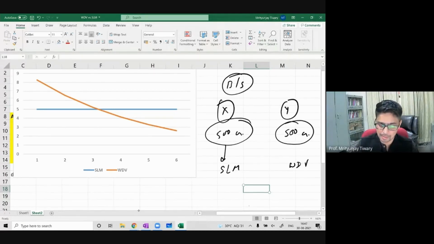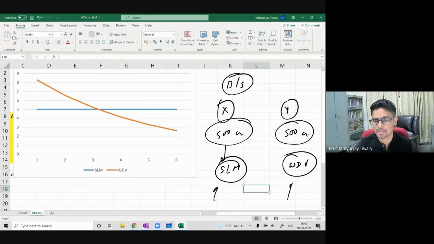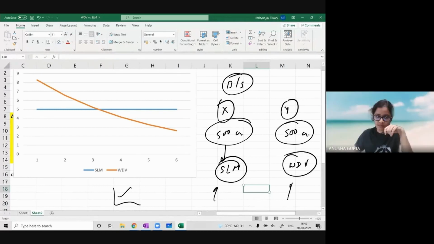Is there any commentary that we can make about SLM versus WDV? Which would you prefer in this case, X or Y? Let us say they are in case one, in the initial phases, both growing companies. Then which one will you prefer? Then WDV. Fair enough.